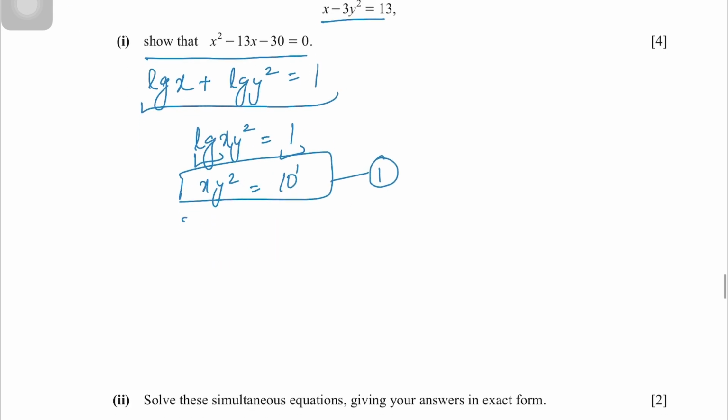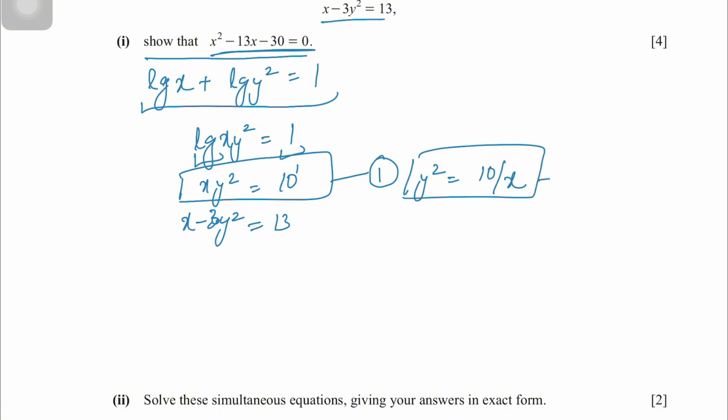Now we have our second equation as x minus 3y squared equals 13. Since we need the x squared term, we need to make y squared the subject. So we have y squared as 10 over x. This is our equation 3, and this was our equation 2, right?